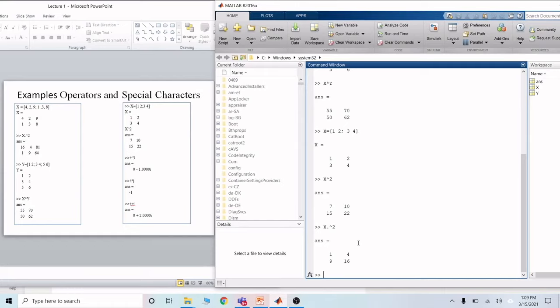Like i caret 3. i means square root of minus 1. i caret 3 gives minus 1.000i.